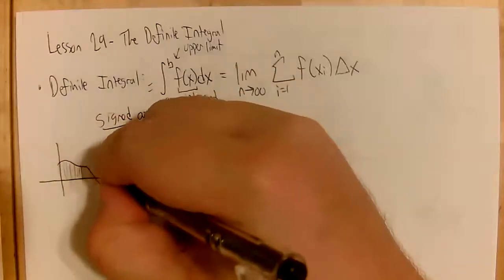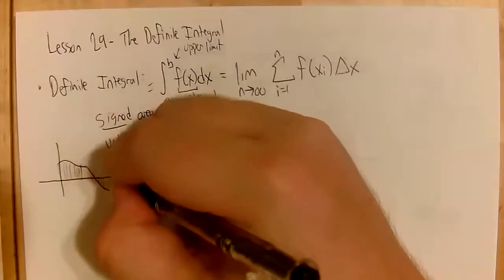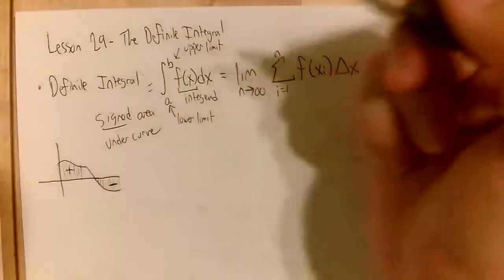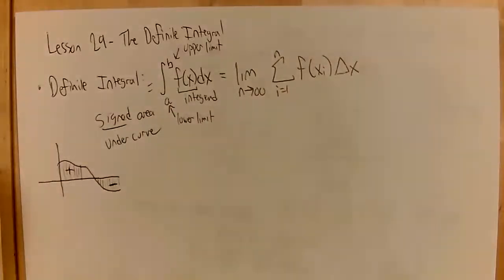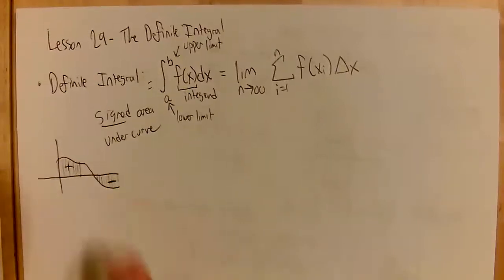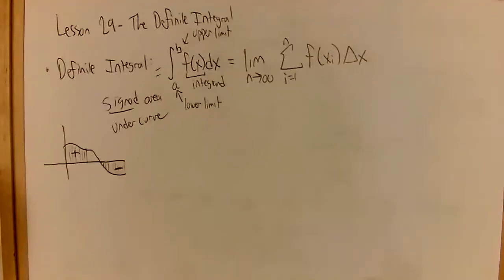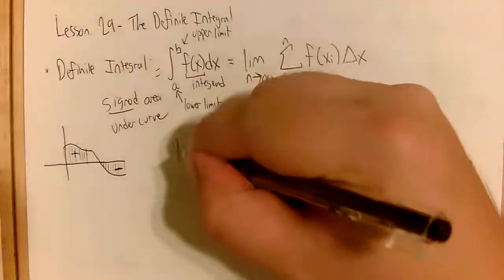But if on the other hand we go below the x-axis, like down here, that will count as negative. That's what signed area means, and that's what the definite integral calculates. The way it does it is it takes the limit of a Riemann sum. We fill our area with a bunch of little rectangles and we send the number of rectangles to infinity. All right, so how are we supposed to compute this?